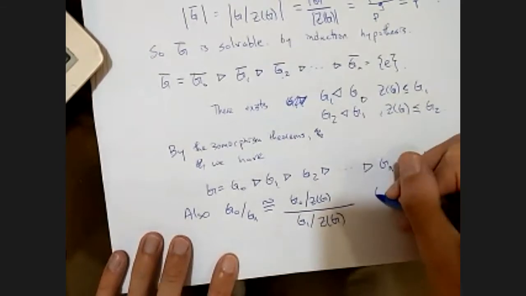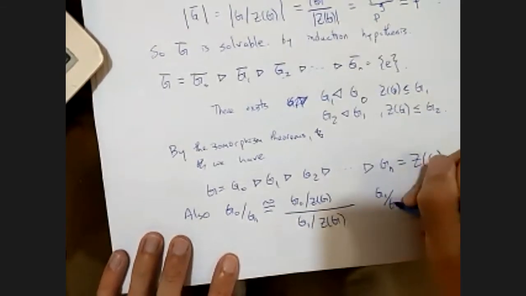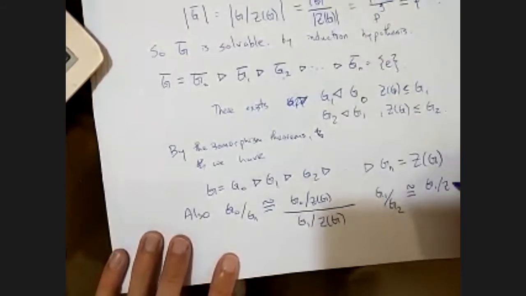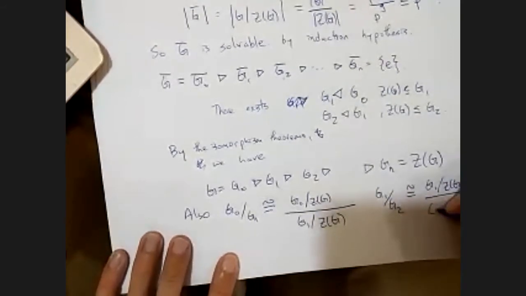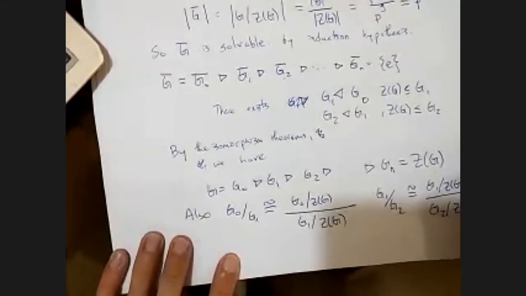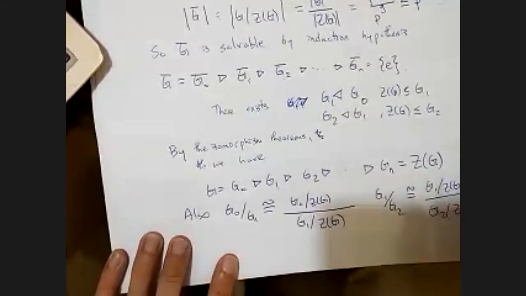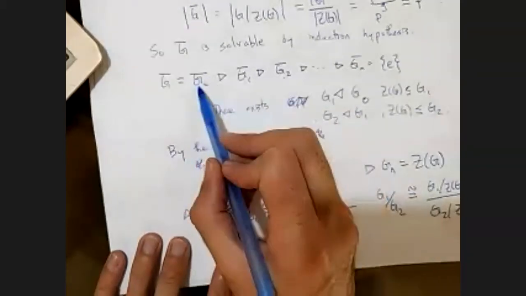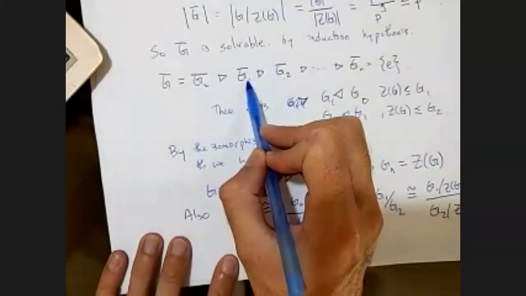Same for G1 mod G2, and all the quotients are like that. So G0 mod G1 is isomorphic to G0 bar mod G1 bar.